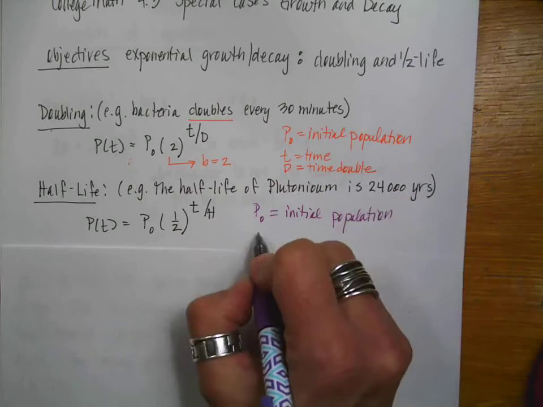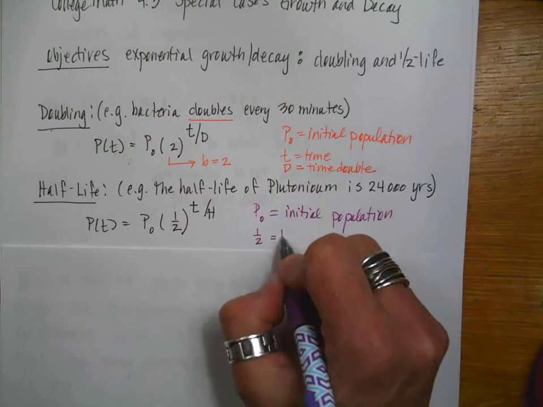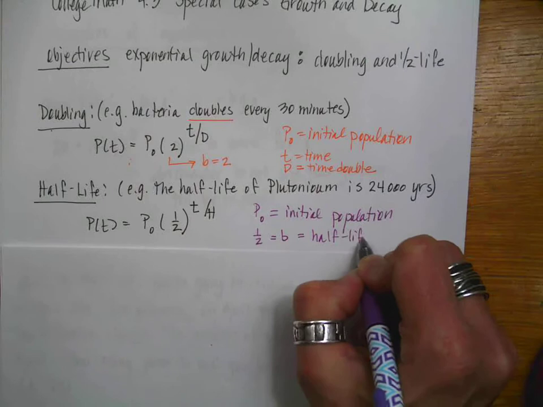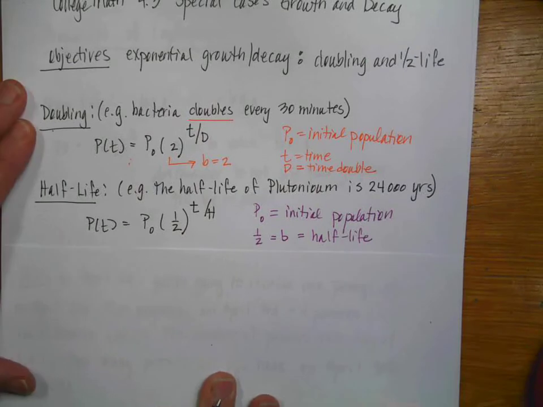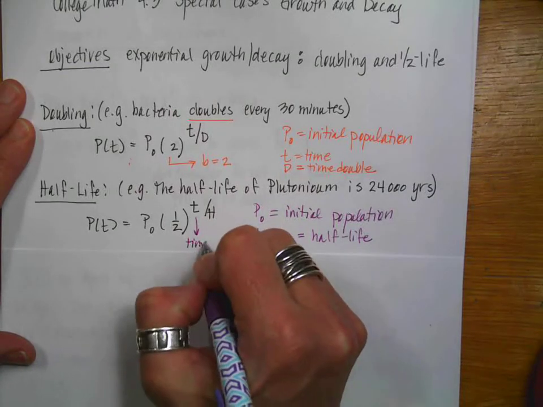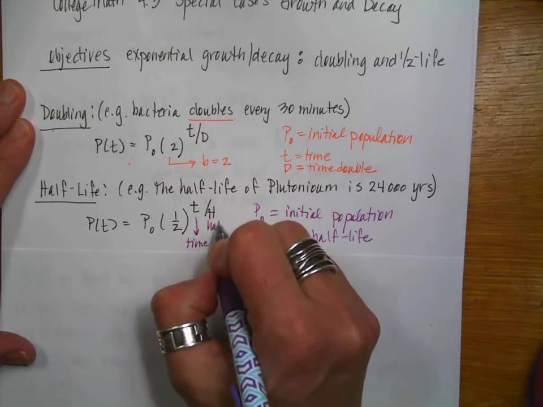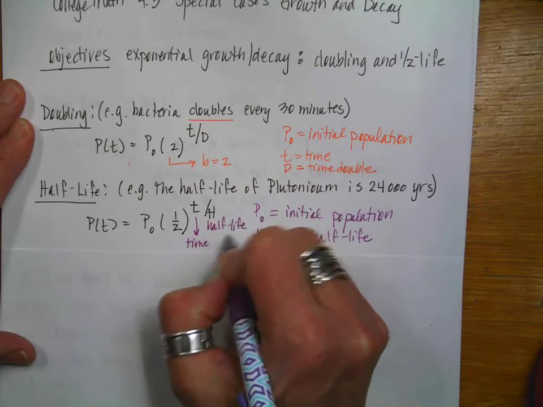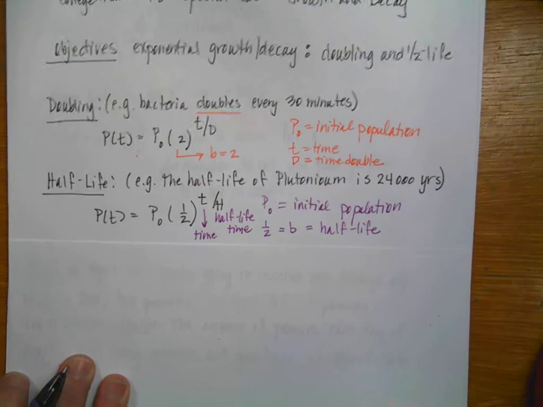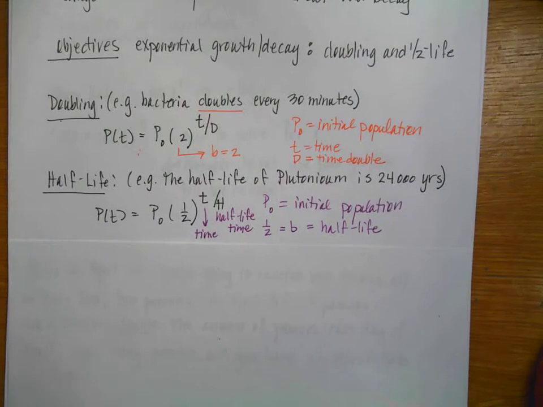The 1/2 is going to equal our b, and so that is the half-life time. Right? That is my rate of growth or decay. And then t is always going to equal time. And then h is going to be the half-life time. Okay? So similar situations, and we'll do several examples as we walk through this.